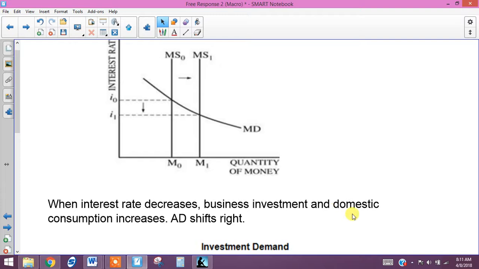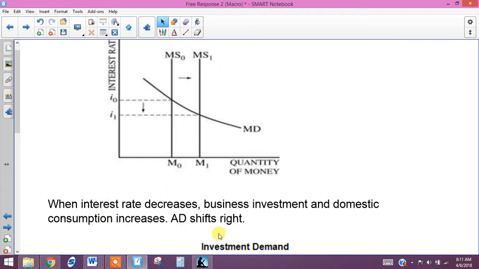And we also know that a lot of American consumers use their credit cards to buy things, so when those interest rates drop, they're going to buy more.